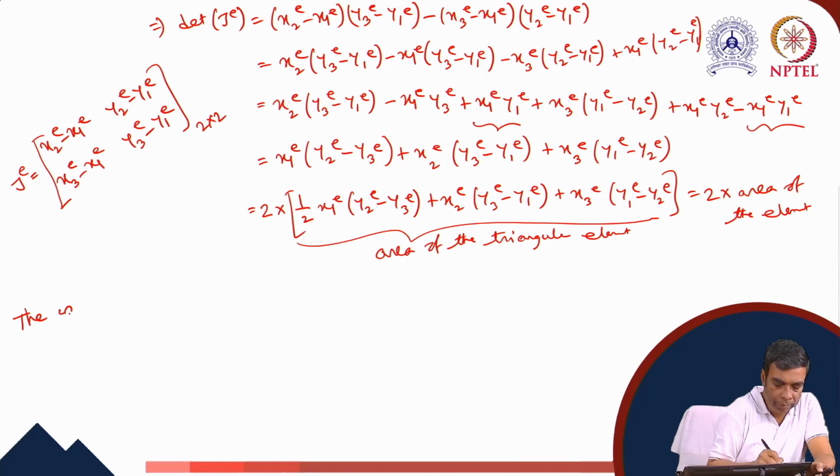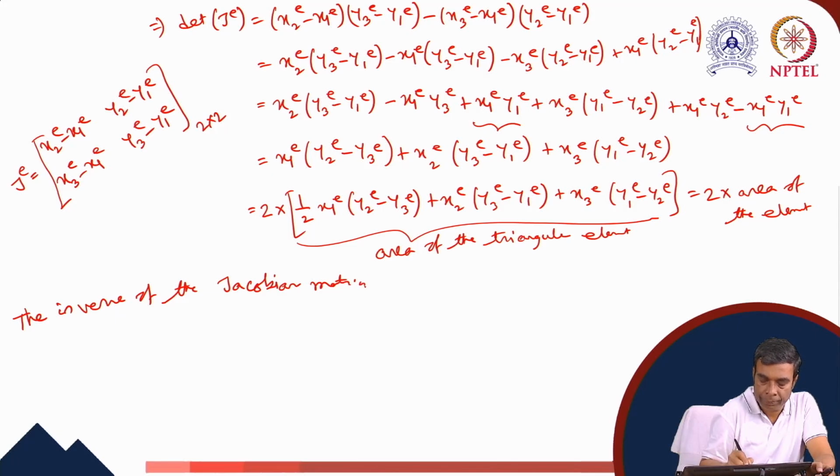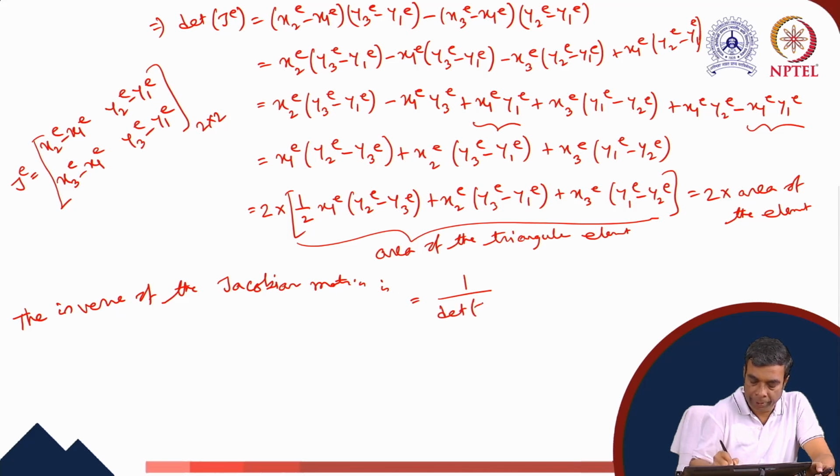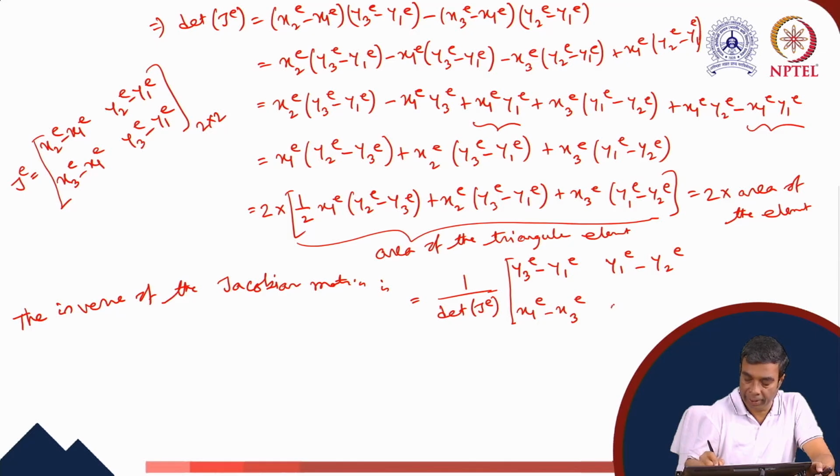The inverse of the Jacobian matrix equals 1 by determinant of J into Y3E minus Y1E, Y1E minus Y2E, X1E minus X3E, and finally here X2E minus X1E.